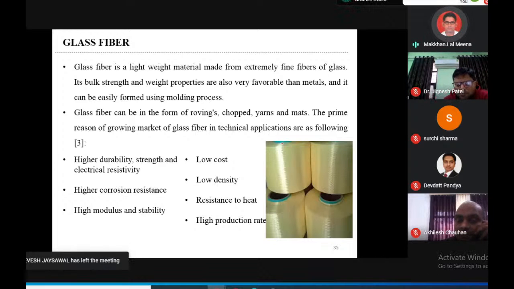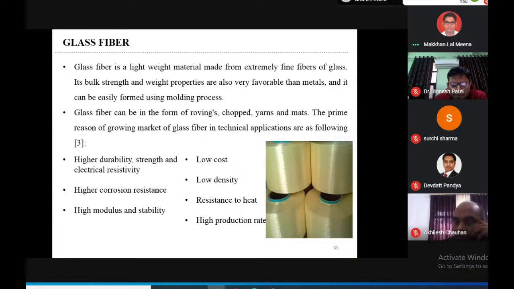Glass reinforced polymer composites are used where the higher stiffness of carbon or aramid fiber is not required. These are the other benefits of glass for different technical applications: high durability, low cost, low density, high production. These are the reasons we mostly use glass fiber among synthetic fibers.